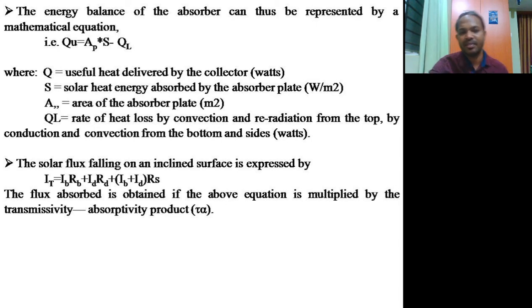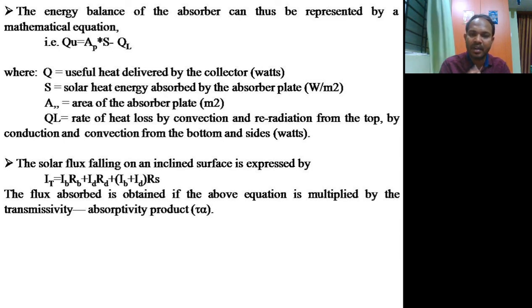What do you mean by transmissivity? Before I explain this expression, consider the solar radiation falling onto any object. There are three possibilities: transmissivity, absorptivity and reflectivity. If 100 radiations are falling onto it, a part will be transmitted, a part will be absorbed and a part will be reflected back.